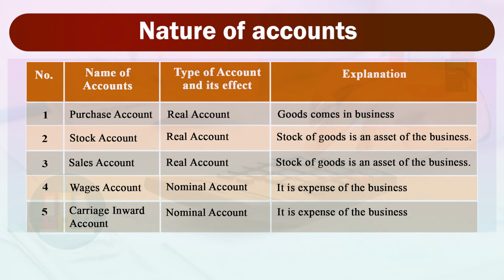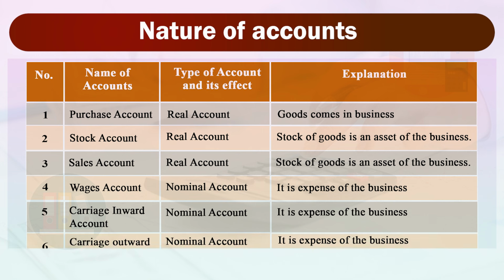Fifth is carriage inward account. Carriage inward is also an expense of the business. So, it is again treated as a nominal account. Next is carriage outward account. So, carriage outward is also the expense of the business and it is also treated as the nominal account.